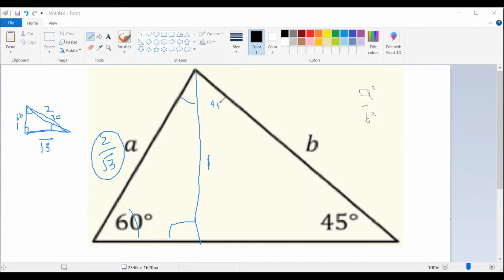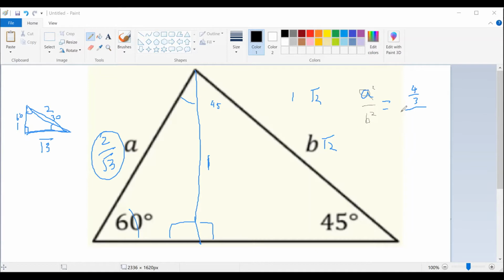And for a 45, 45, 90 degrees triangle, the ratio is 1 to square root of 2 on the side length. So if this is 1, then B is square root of 2. Now let's square both A and B and find their ratio. A squared is 4 divided by 3.